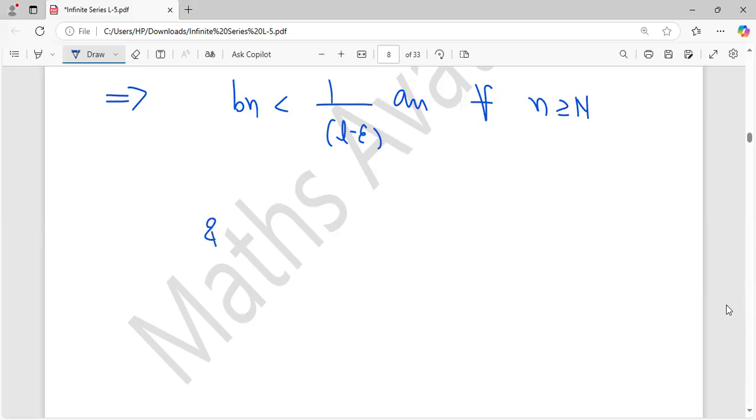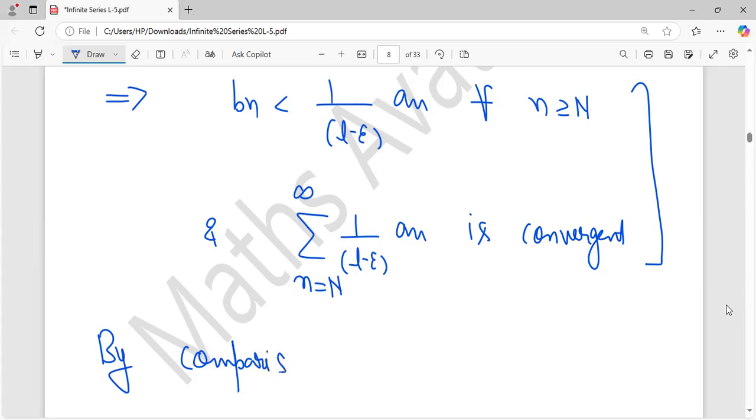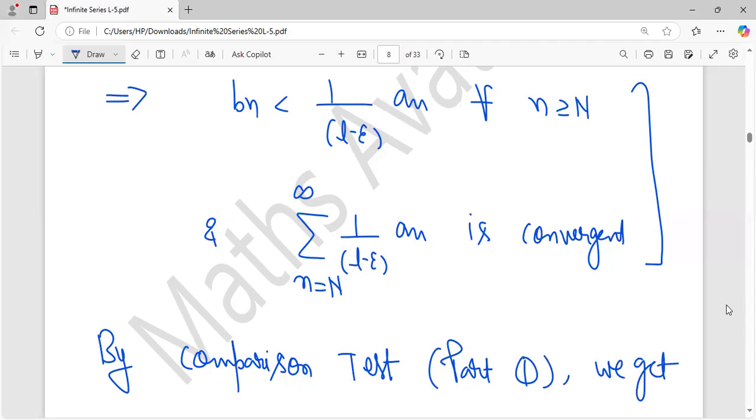And you can start n from this to this. 1 upon (L minus epsilon) a_n is convergent. Now we can use the comparison test, part 1, which we have done.